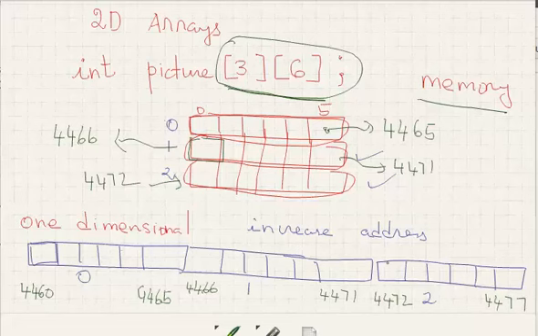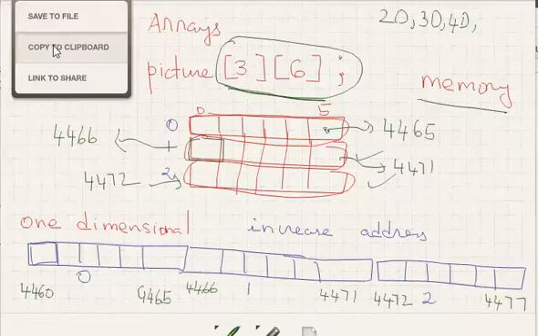So no matter if you have 2D, 3D, 4D, you pick any dimension, the system will always store it in one-dimensional. So I'll give you some problems right now.